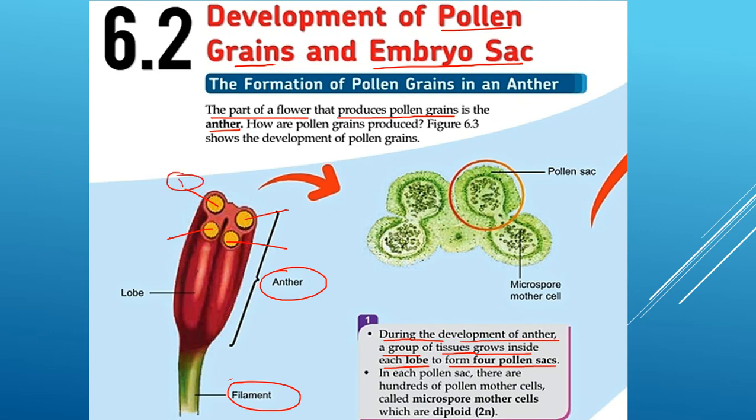We have 4 pollen sacs there. In each pollen sac there are hundreds of pollen mother cells that we call microspore mother cells, which are diploid. So inside here, they contain hundreds of microspore mother cells.